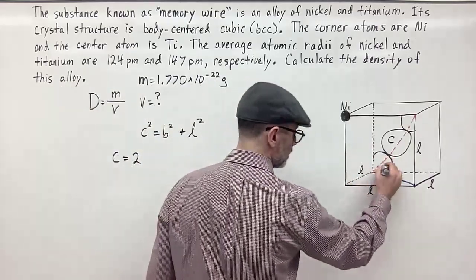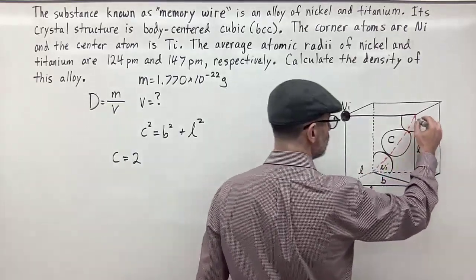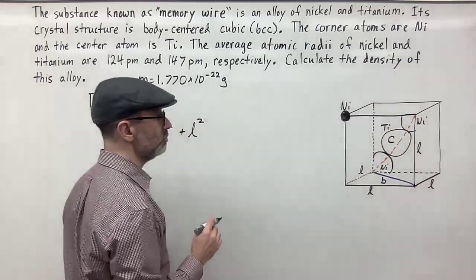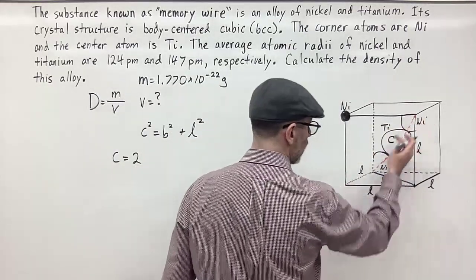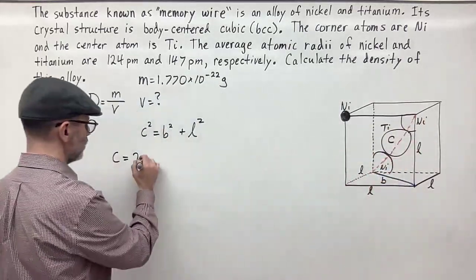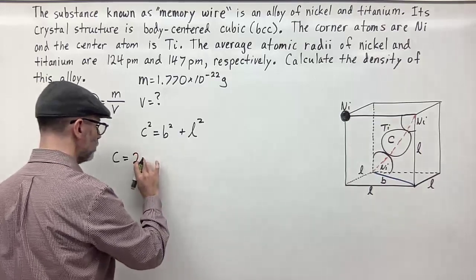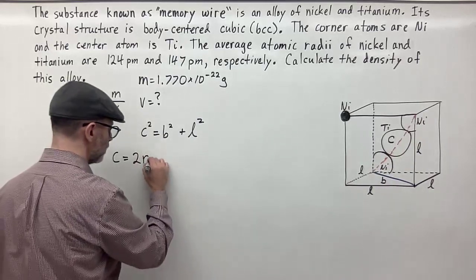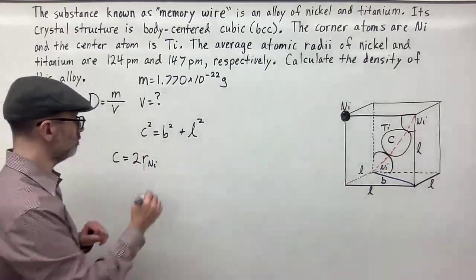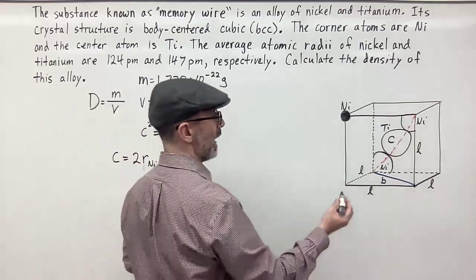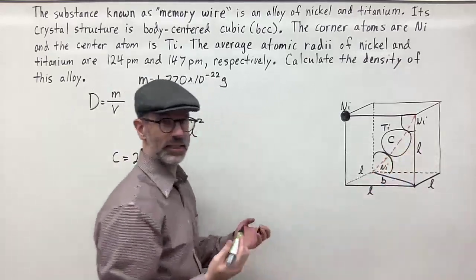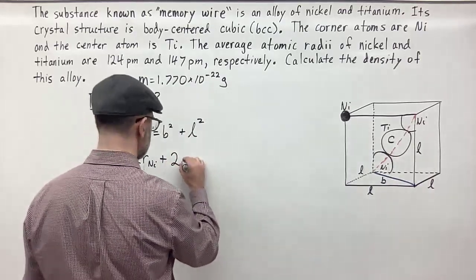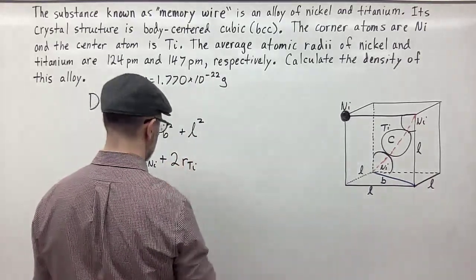So remember, this is nickel, and this is nickel, and this is titanium. So we have a radius of nickel here, we have a radius of nickel here. So that's 2 times the radius of nickel, plus we got the diameter here, which is twice the radius of titanium.